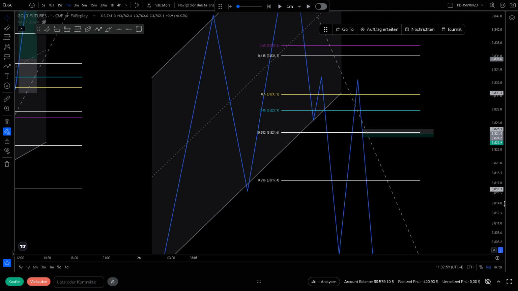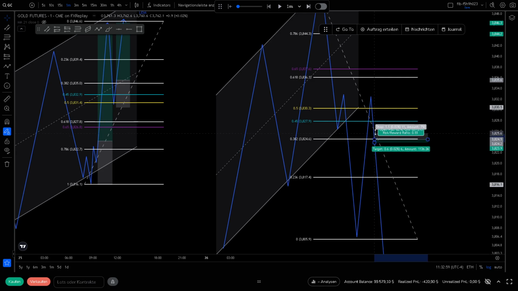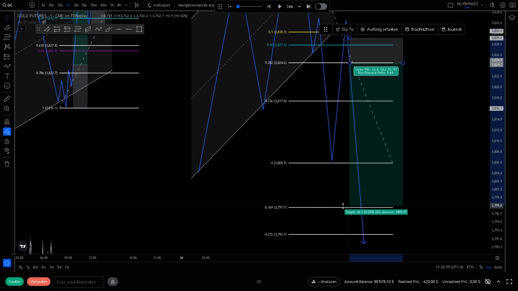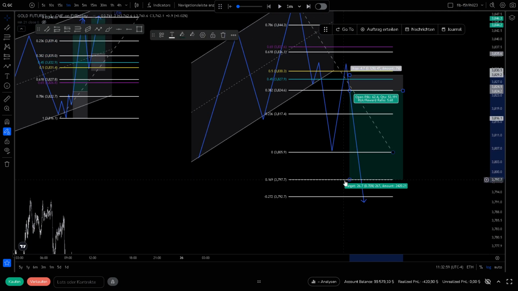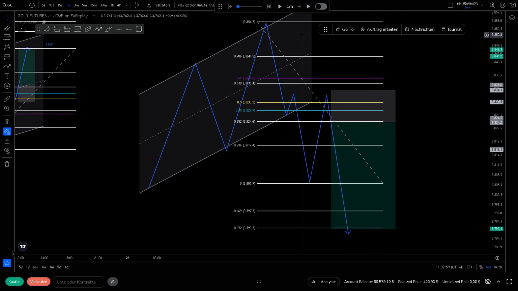Why is it so weird? Ooh, what is happening? Anyways, this is called the, where is it? The break trend entry model, BTEM.